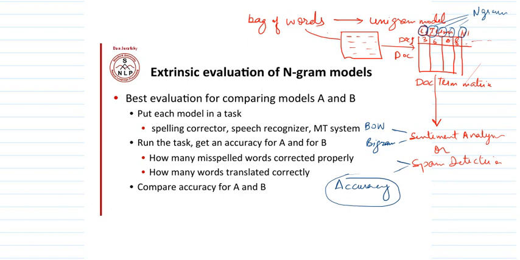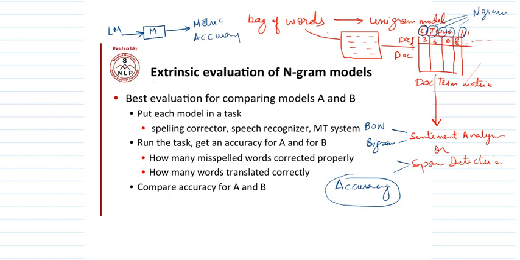Extrinsic evaluation means we are just taking the language model as some piece of thing and putting it into a machine, and then the machine is giving me an output. So this is a language model, this is a machine, and we are giving a language model as an input, and this is giving me some parameter or some metric like accuracy as an output, and then I am comparing.